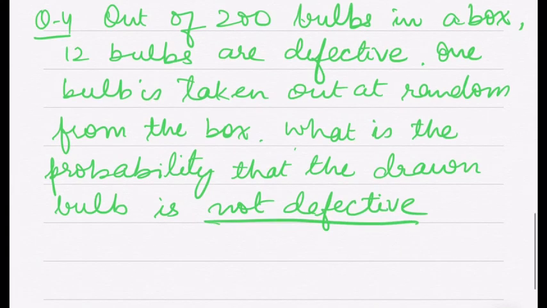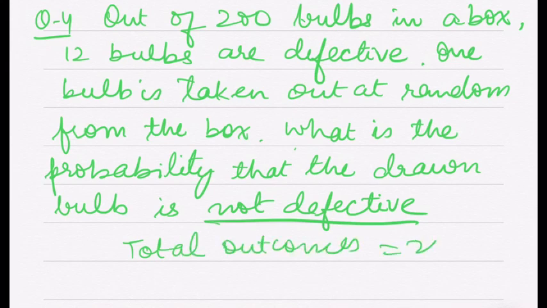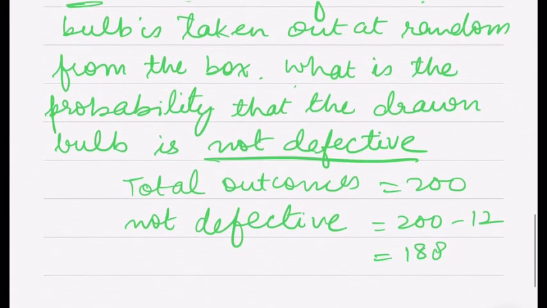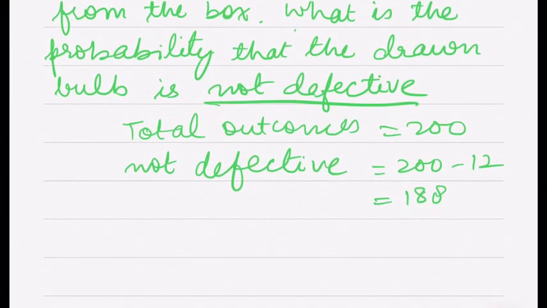Okay, so we know total outcomes are how much? 200. Then out of that 12 bulbs are defective. So not defective bulbs I'll write down. Those will be my favorable outcomes. So not defective bulbs will be 200 minus 12, so that will give me 188, right? So those are not defective. So these are my favorable outcomes.